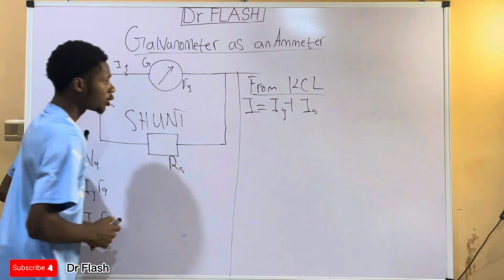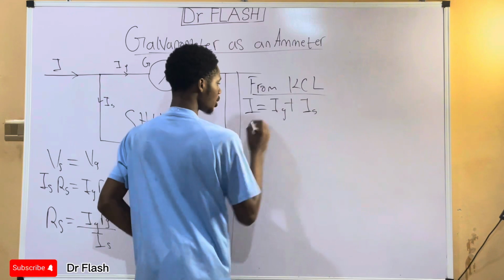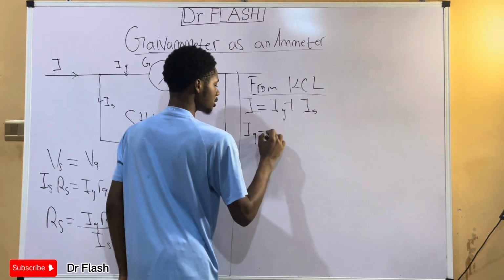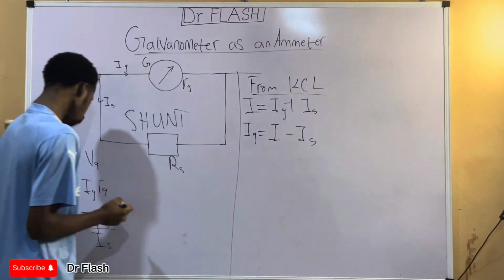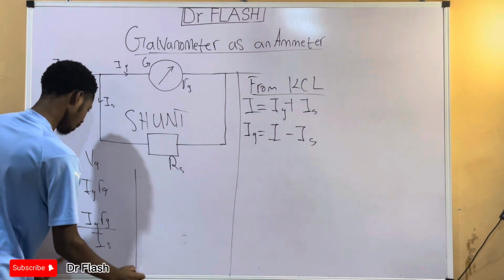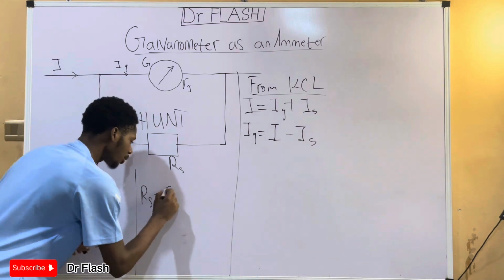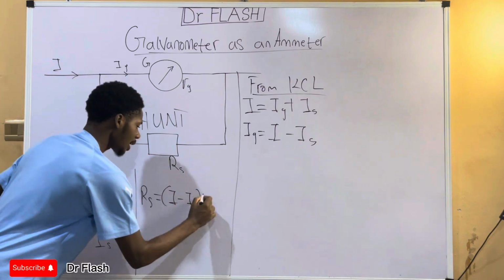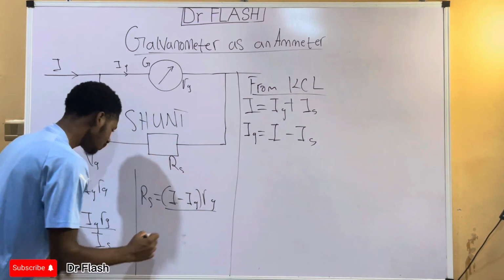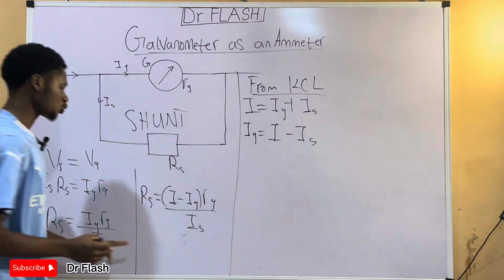From here, we might want to make substitutions for Ig or Is. We can say that Ig is equal to I minus Is. If we substitute into this equation, we get Rs equal to I minus Is, times Rg, divided by Is, where I is the current coming into the circuit.